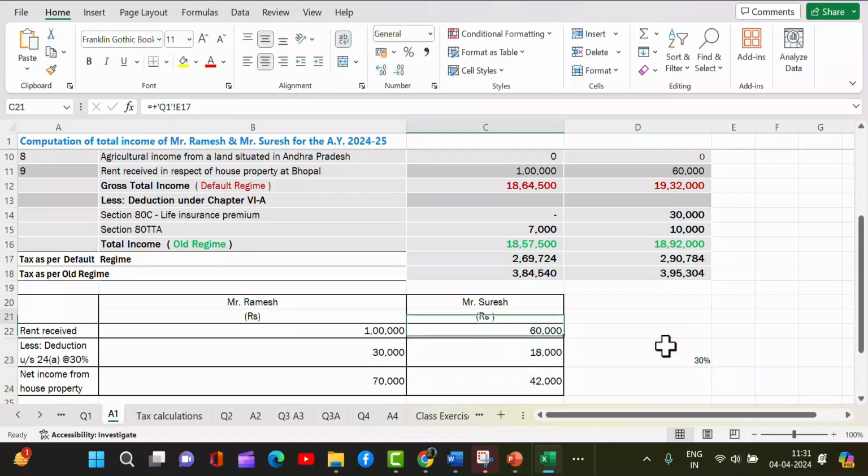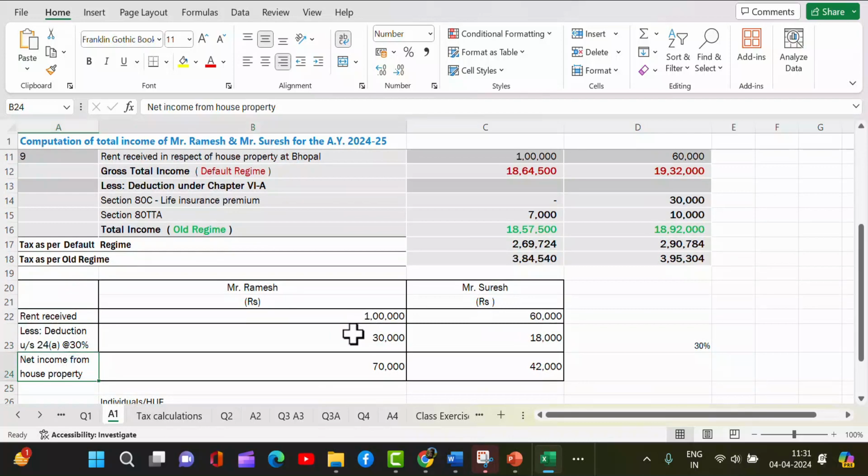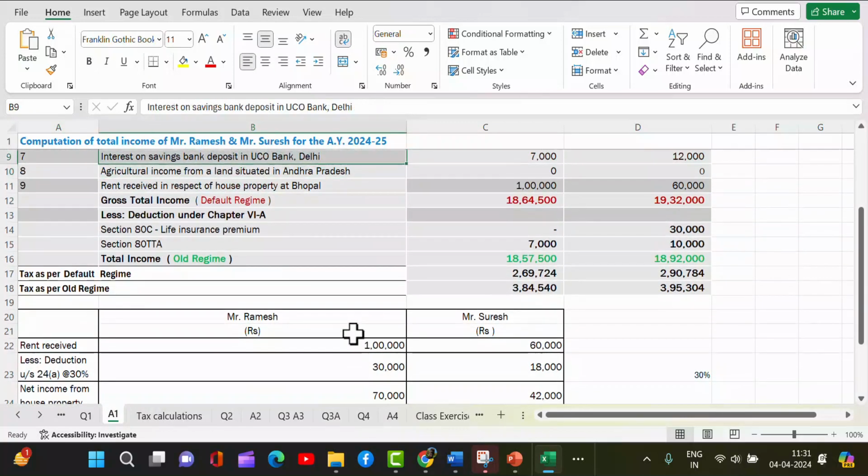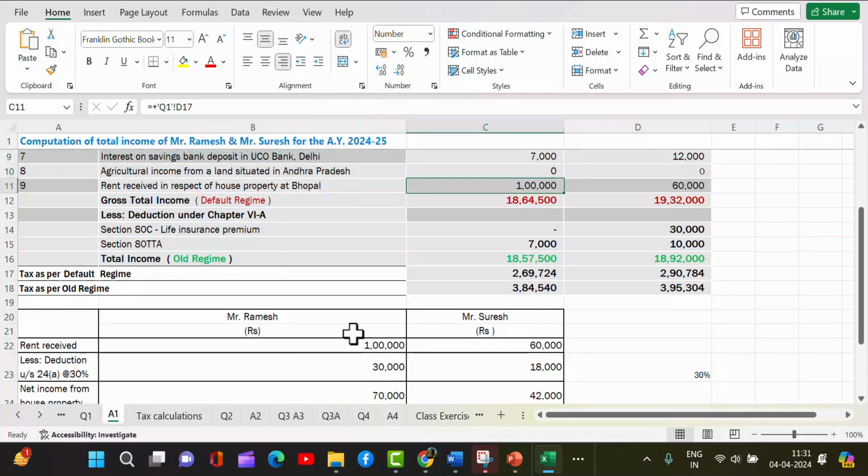So in case of rent, what is the rent receipt for Ramesh? 1 lakh. Suresh, 60,000. As per income tax, there is a 30% reduction given to you, which means you will only be paying tax on 70,000. So I am going to copy this from here.